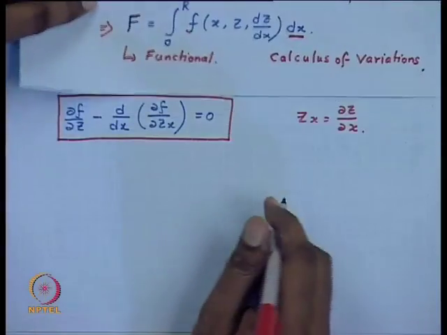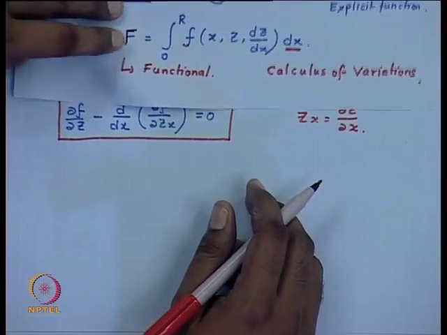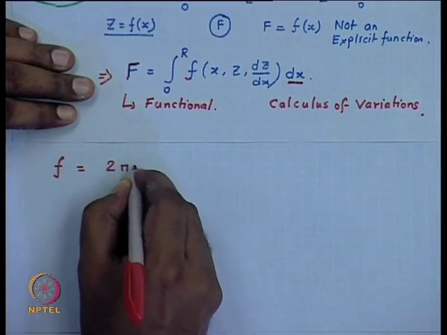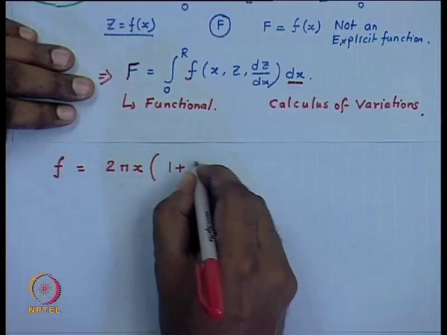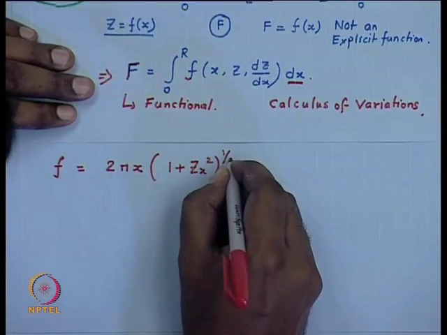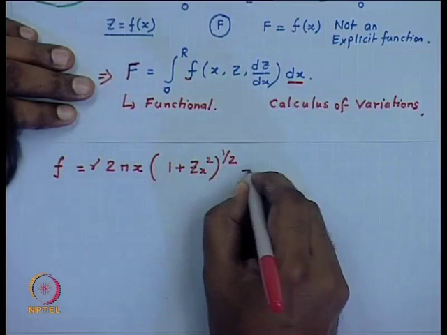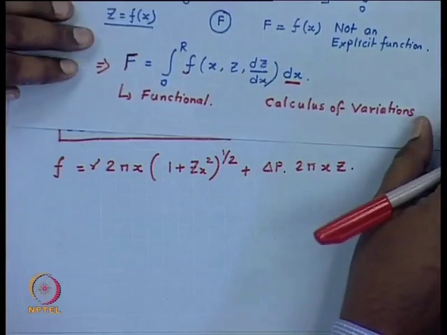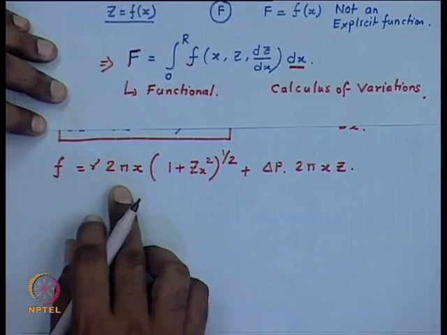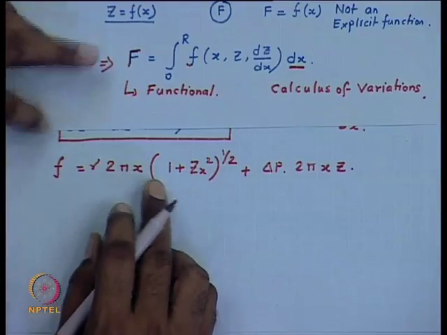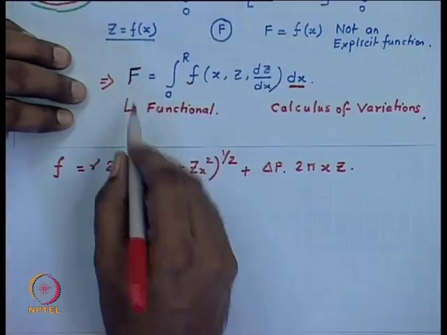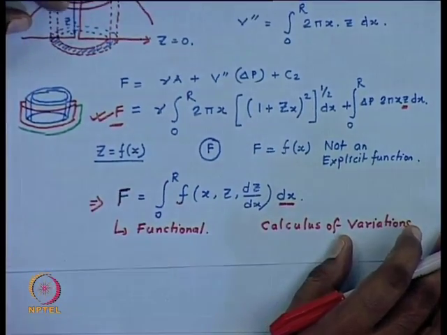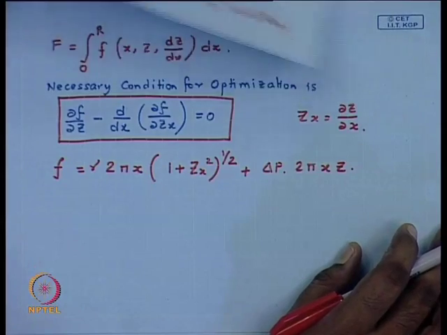So, from here we can pick out that in our case f is the following. Okay. So, this is f. Now, if you multiply this with dx and integrate over 0 to r, you get capital F, which is the expression for the energy of the surface of this particular element. Okay. So, this is the functional we have.